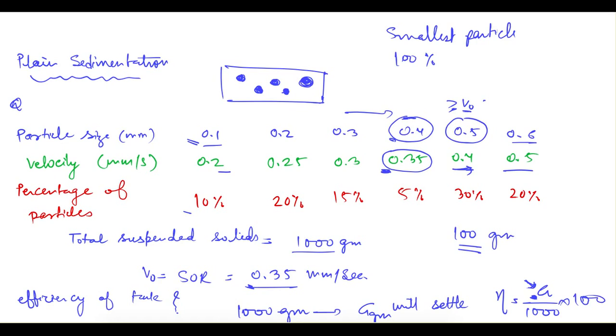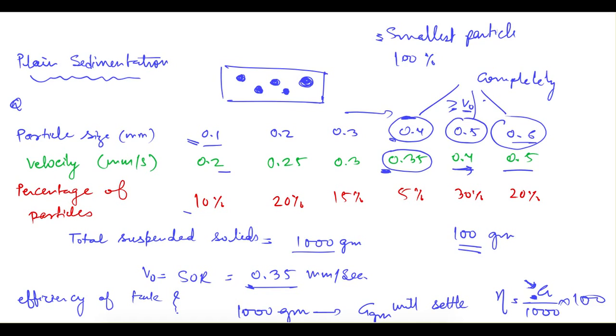We just focus on the surface overflow rate because it is a limiting value. This is the smallest particle size which will be settled completely, and so the larger sizes too. So here we obtained that the 0.4, 0.5 and 0.6 mm dia particles will settle completely.